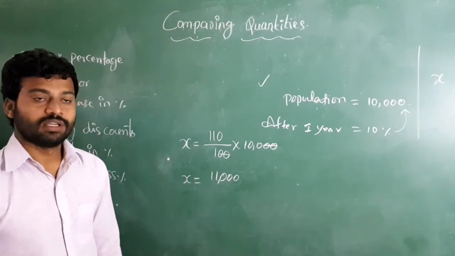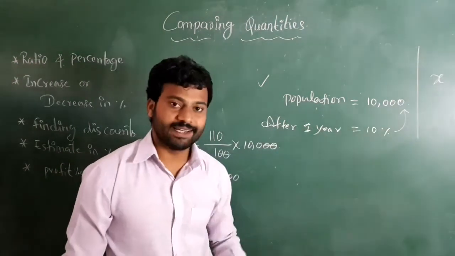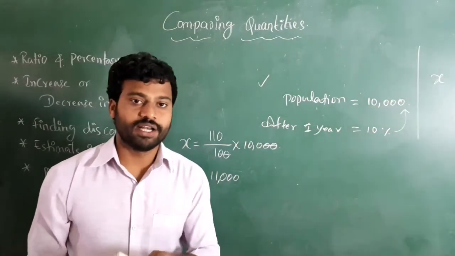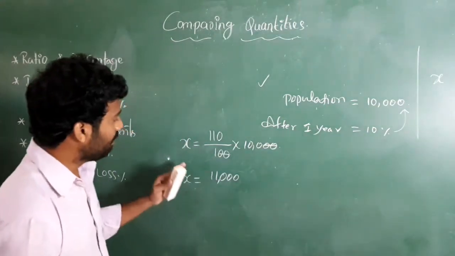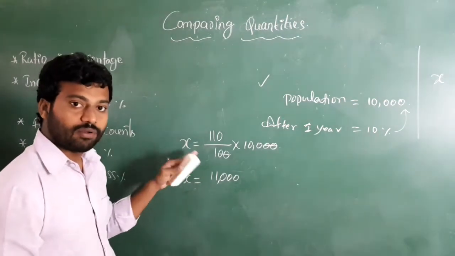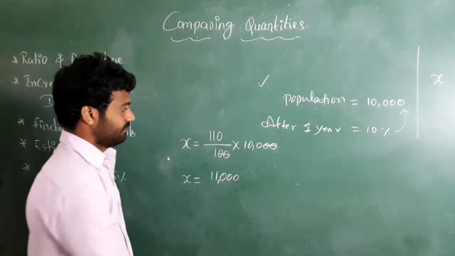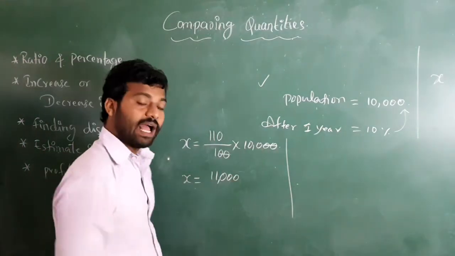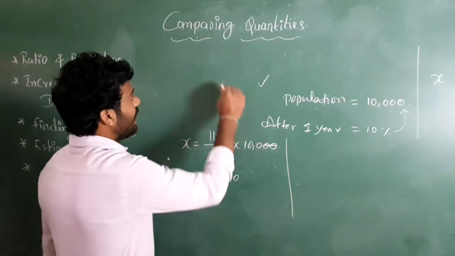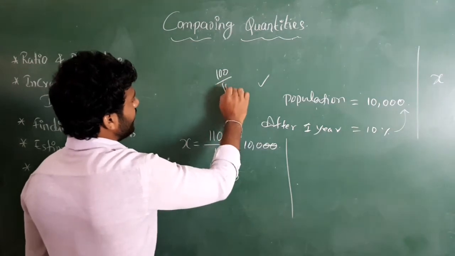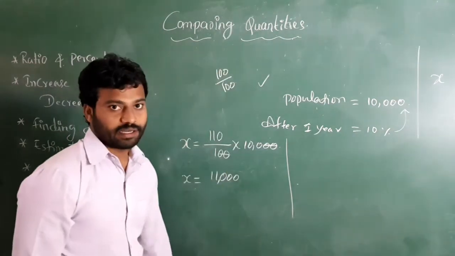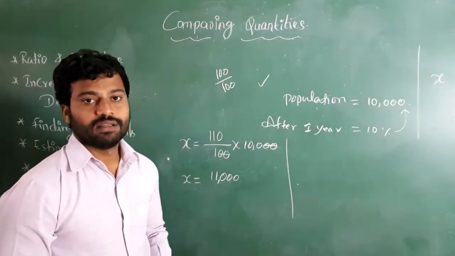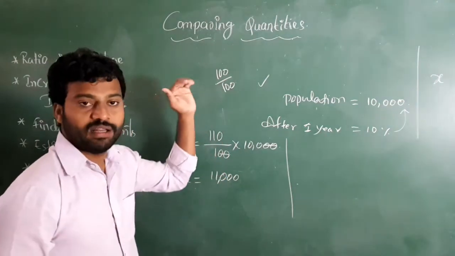Okay, no? Suppose the same question, 10% is decreasing. We said already 9,000 we have to get. By applying this method, let's see whether we get it or not. See, the 10,000 is 100%. 100% you can write as 100 by 100. If it is increasing, for the numerator, 10 you add. If it is decreasing, for the numerator, 10 you reduce.